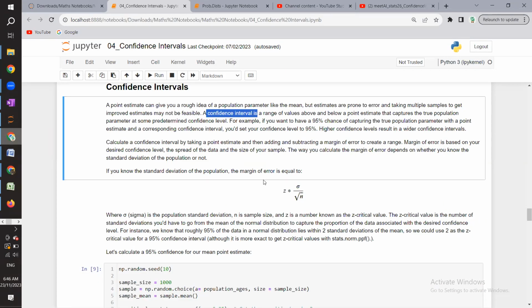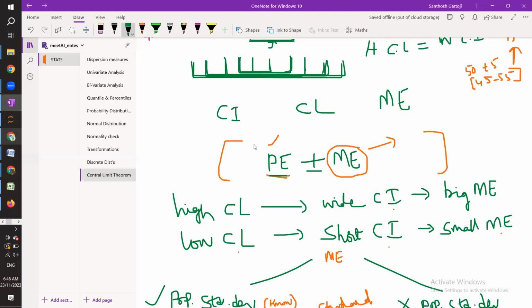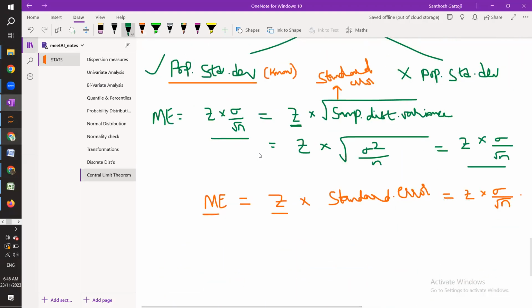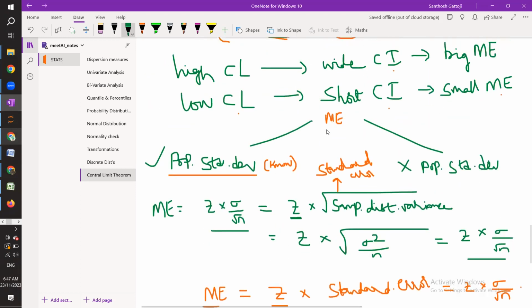And what was the margin of error? The margin of error is based on the desired confidence level, the spread of the data and the sample size. The way you calculate the margin of error depends on whether you know the standard deviation of the population or not. This was an important point. The last concept in our last class was how to calculate this margin of error.